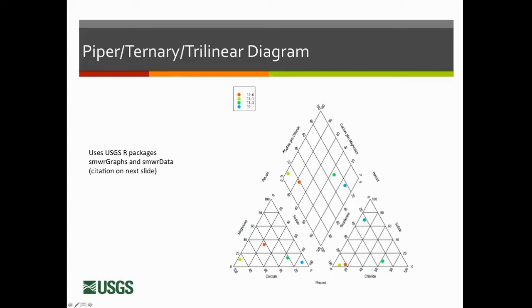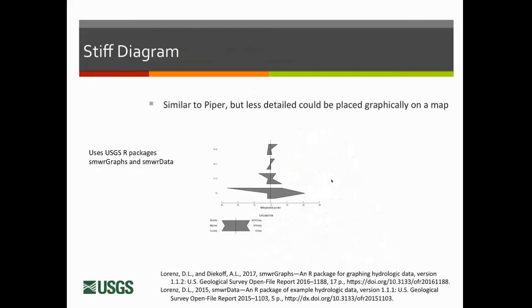We project all of these into this diamond-shaped one, and we can see the green and blue cluster together, the light green and the red cluster together, and we see some significant differences between these samples. So this is a way to scientifically highlight these differences, and then you can write a narrative describing the hydrology, the geology, and the water quality influences that resulted in these differences.